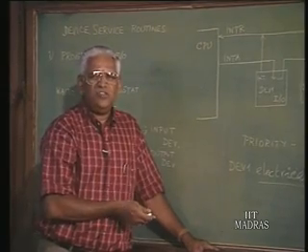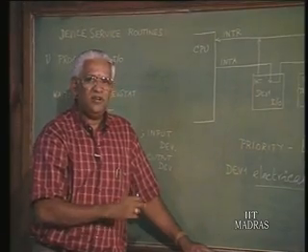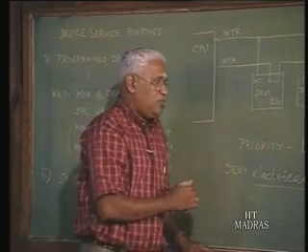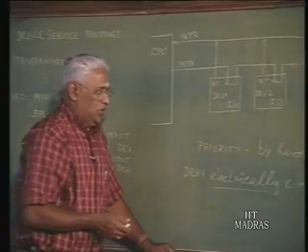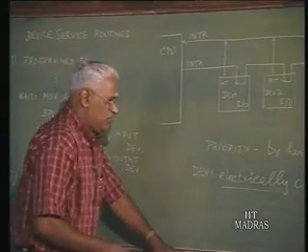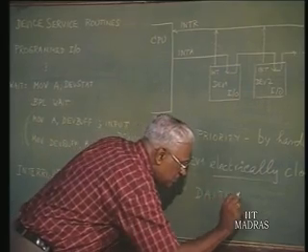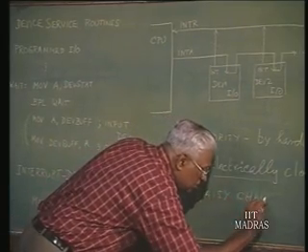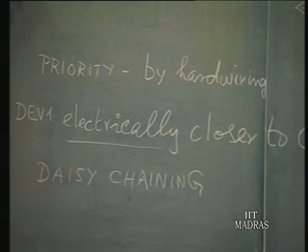We have already seen what the service is. Service is essentially data buffer moving, moving the contents in the data buffer. Now, this particular arrangement is also called daisy chaining. It is something like chaining all the devices.